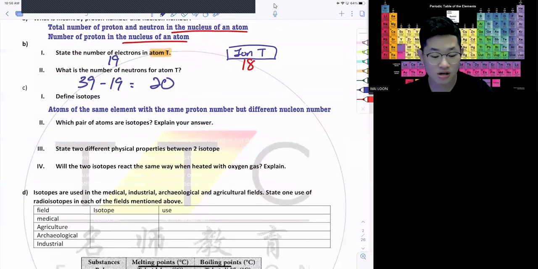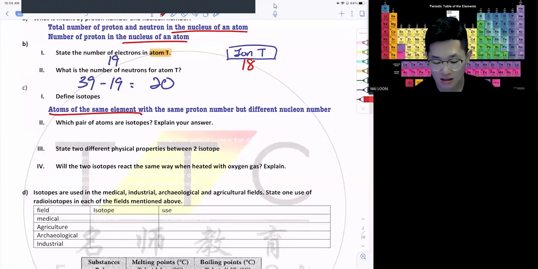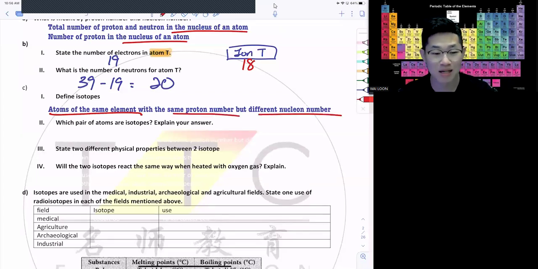Okay, that's all. Atoms of the same element with the same proton number but different nucleon number.